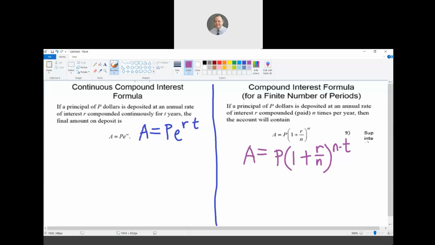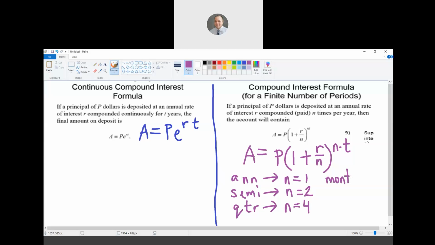So if it's annually, then your n would be 1 for once a year. If it's semi-annually, then that means twice a year, or n equal to 2. Quarterly, that's 4 times a year, or n equal to 4.